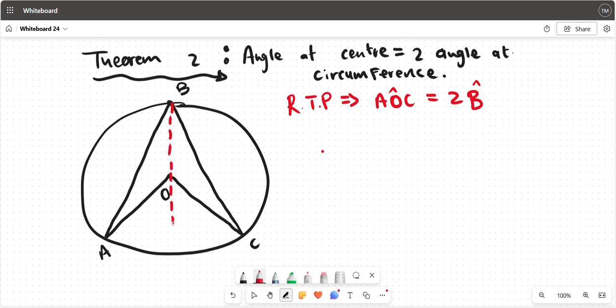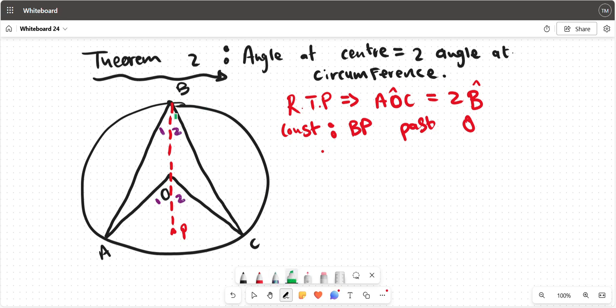I'm going to extend it a little bit past O. The line that I want to construct is the line BP, and it has to go past O. Once I've constructed that, let me label this guy O1, and this guy O2. And let me label the guy at the top B1, and this guy B2.